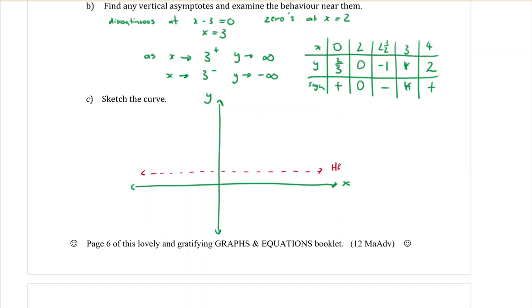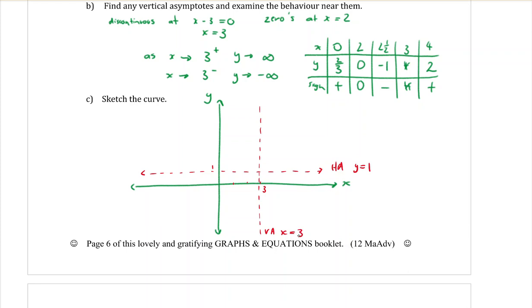So HA for horizontal asymptote at y equals 1. Our vertical asymptote is at x equals 3. 1, 2, 3. I'll put a 3 there and a 1 there. So VA at x equals 3.